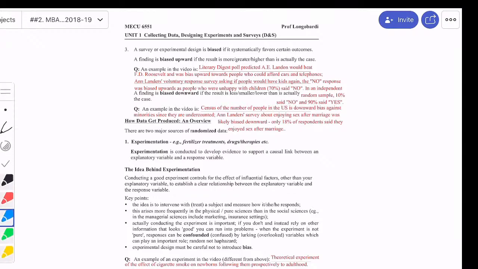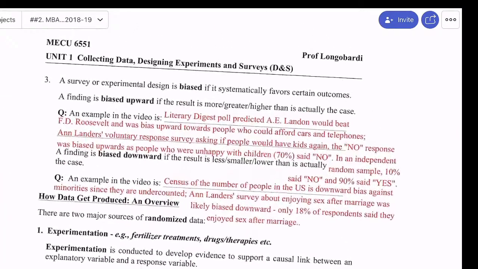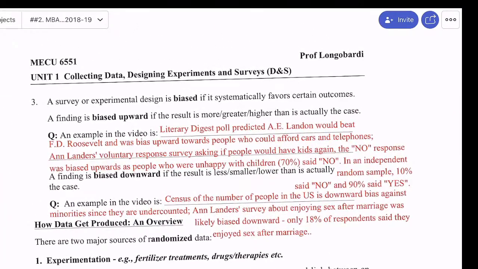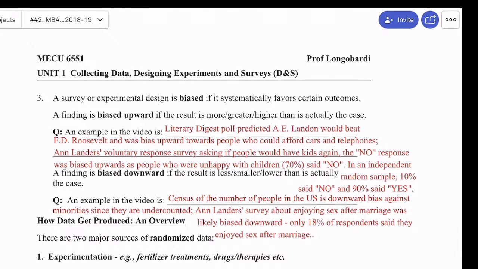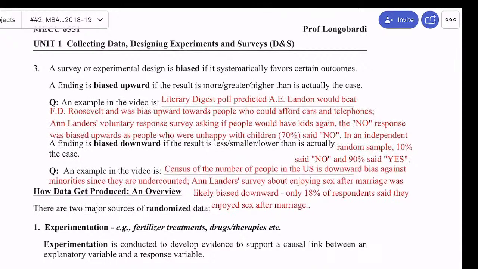Okay, so students usually don't like this terminology. I have to clear it up, so I'm going to take a little time discussing bias. A survey or experimental design is said to be biased if it systematically favors certain outcomes.